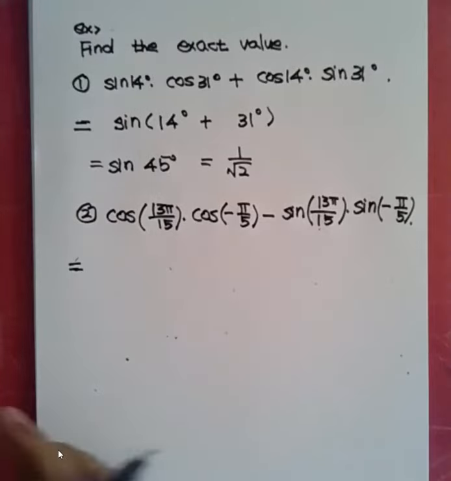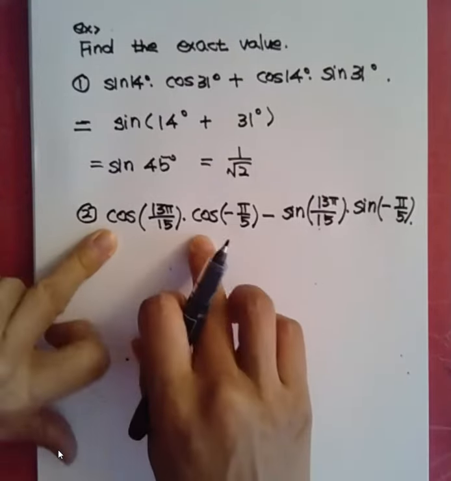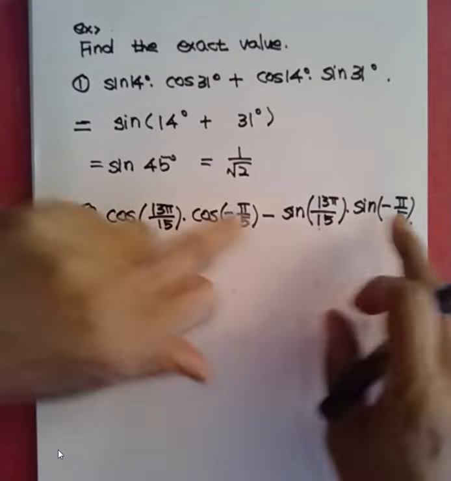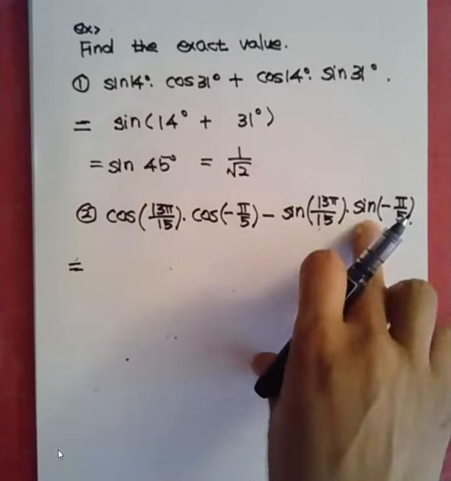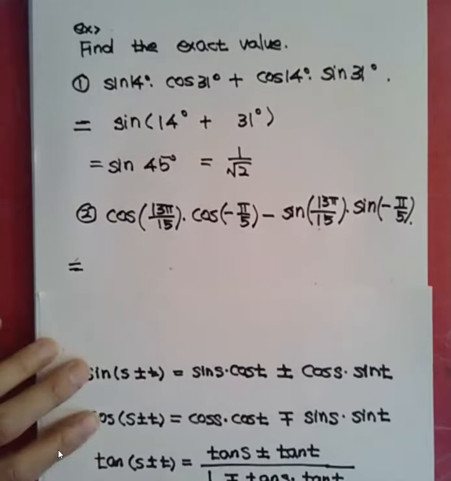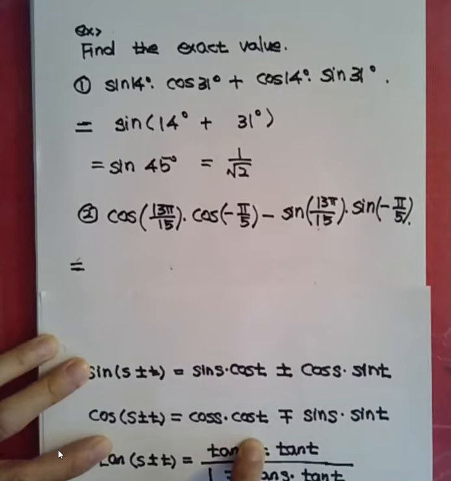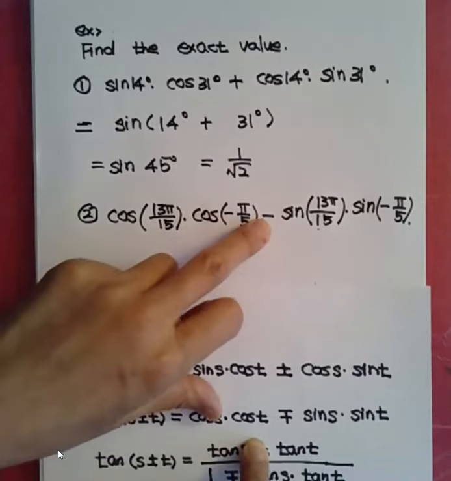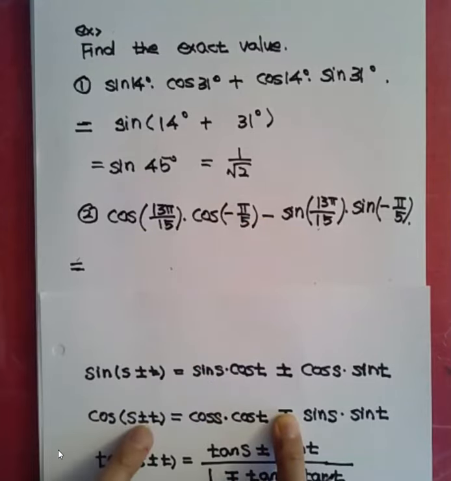In this problem, cosines are combined together, sines are combined together. So we have to use the cosine related formula, and the middle part is minus. Then in the parentheses, the two angles must be added.